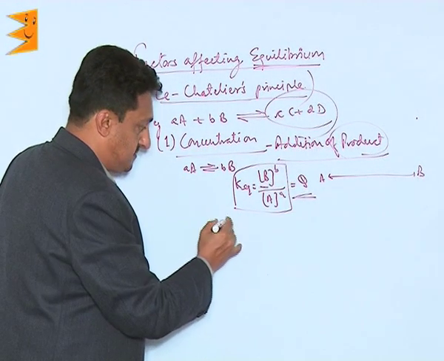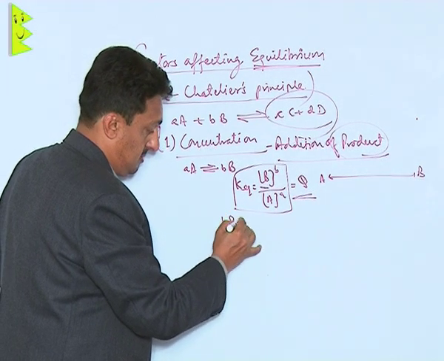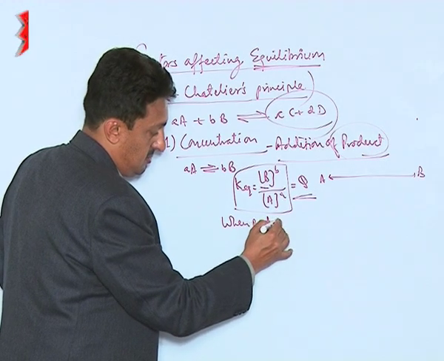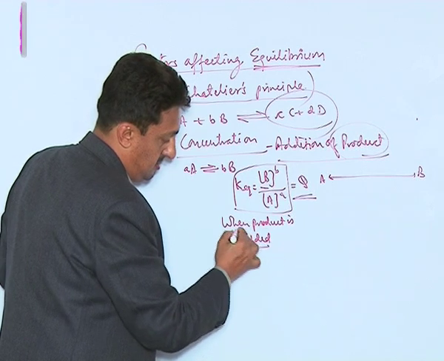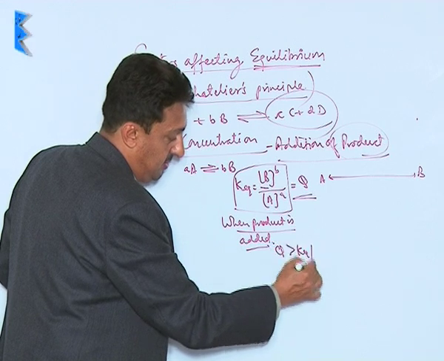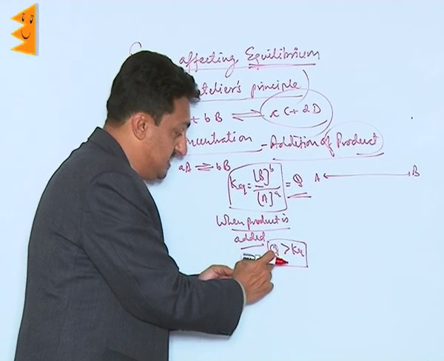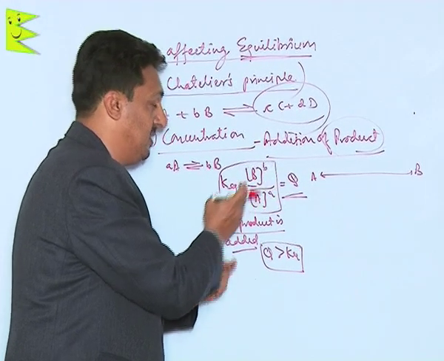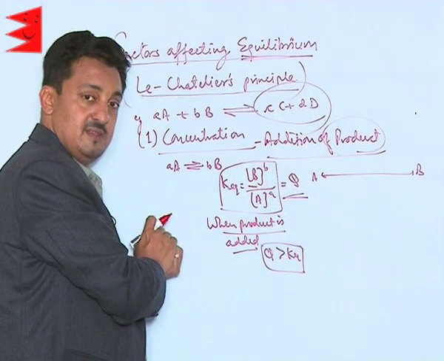So when the product is added, Q is greater than your K equilibrium constant, since this value of your numerator is larger. Q is bigger than K equilibrium, so the reaction system will move towards the backward side.